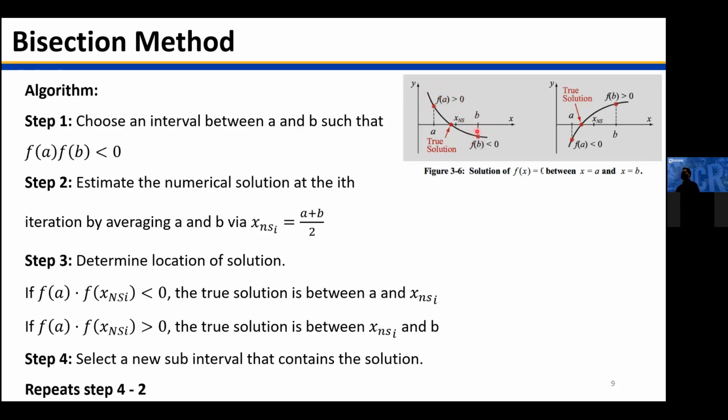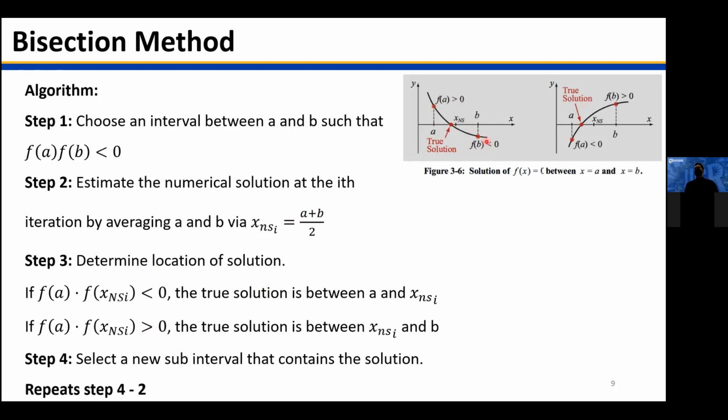A positive times a negative is going to be negative. So less than 0 means it's negative, greater than 0 means it's positive. All we're doing is taking the average of the 2 points that we defined. You can define them arbitrarily, or you can define them graphically, however you define them. And then you calculate whether the root is between A and X, or between X and B.